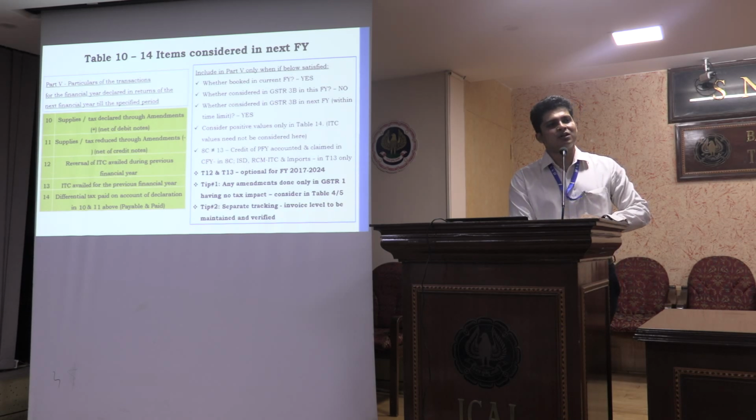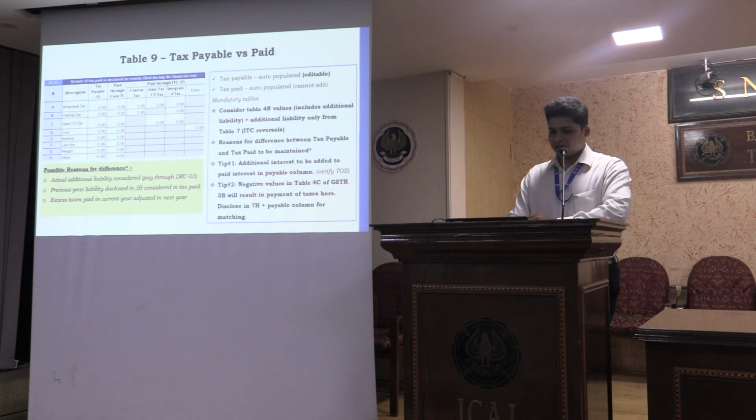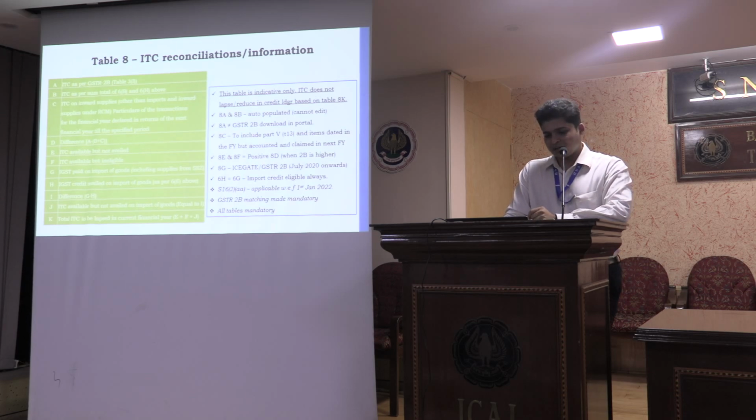Next we have table 8C versus table 13. If you see table 8C, it is ITC on inward supplies other than imports and RCM related inward supplies for the financial year declared in the returns of the next financial year based on the specific time period.